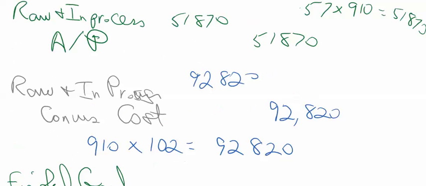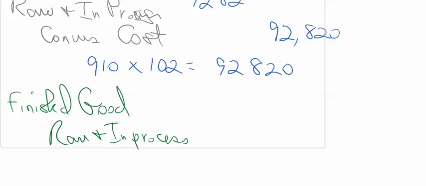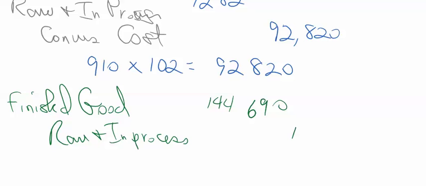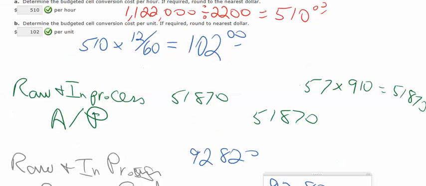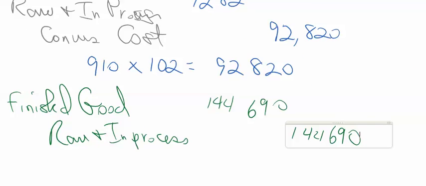So I'm going to take the 51,870 plus the 92,820. So I'll take this number and this number, add those together. That equals 144,690. I'm going to debit finished goods. I'll credit my raw and in process for 144,690. So we have that journal entry.